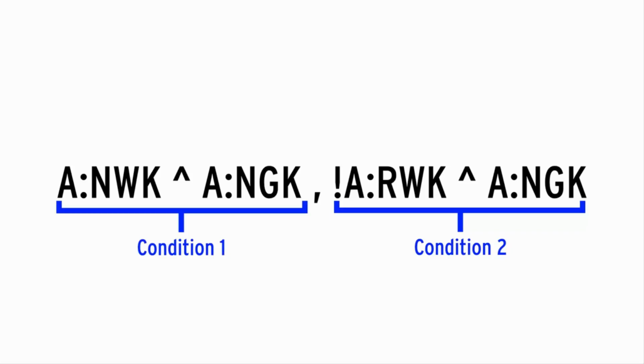Therefore, in this example, both conditions, while appearing slightly different from one another, are logically the same. The first condition is stating that for station A, if the switch is in the normal position and a northbound signal is active, then the first condition of the expression is true.